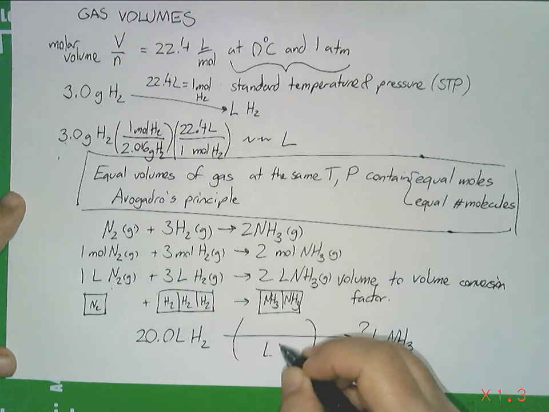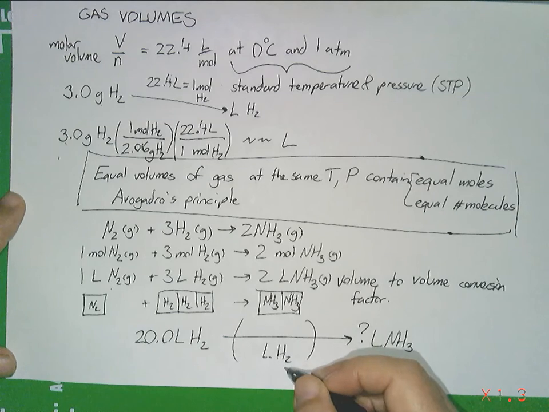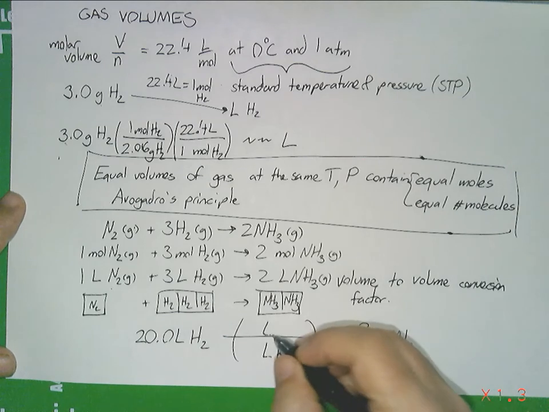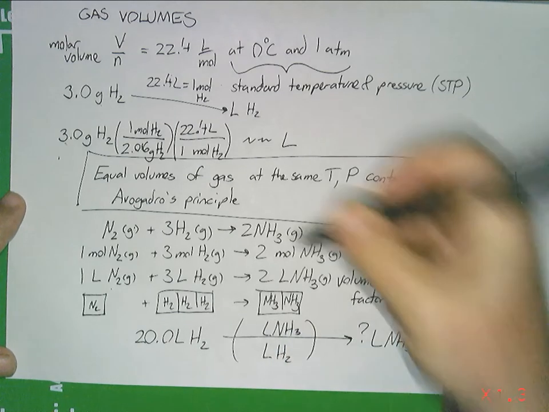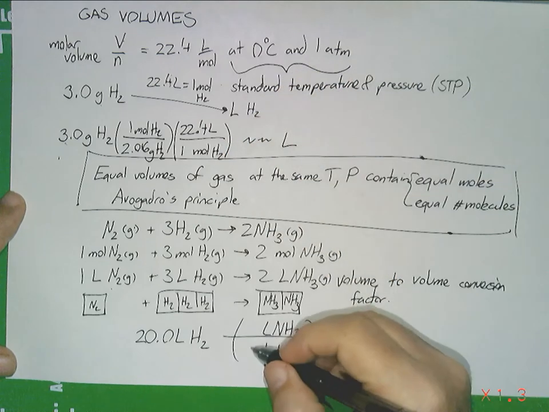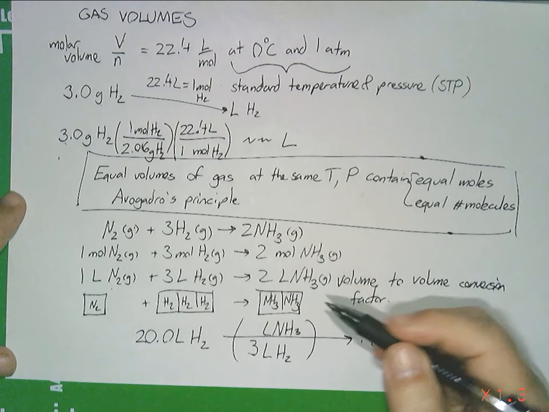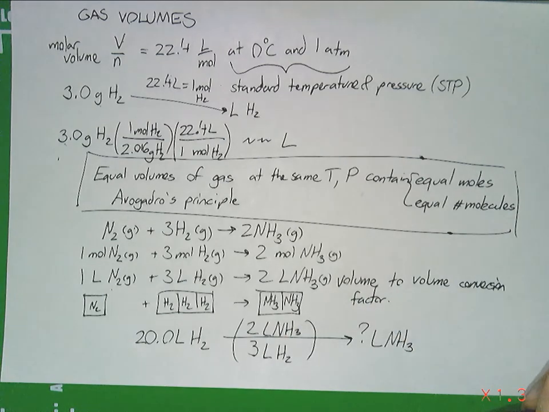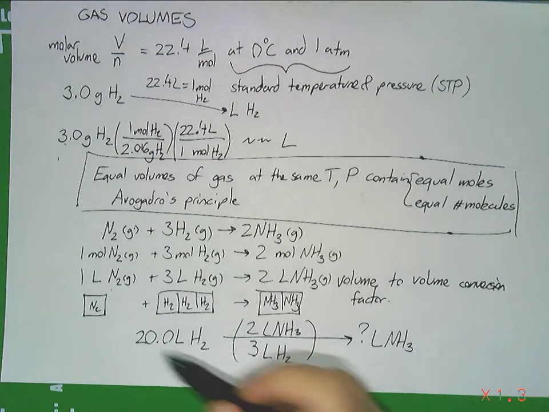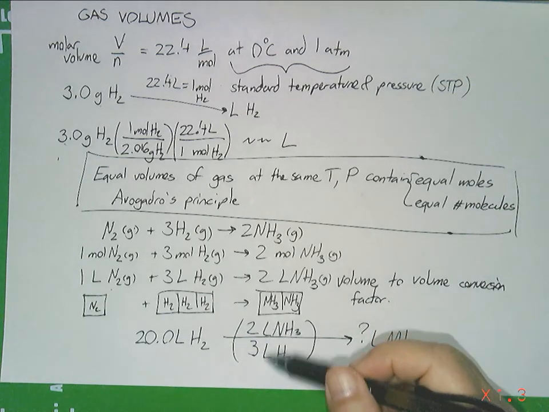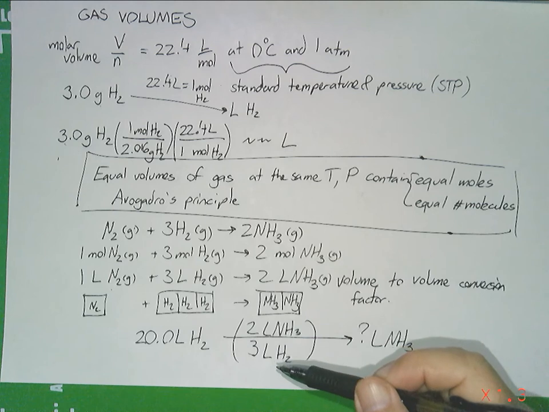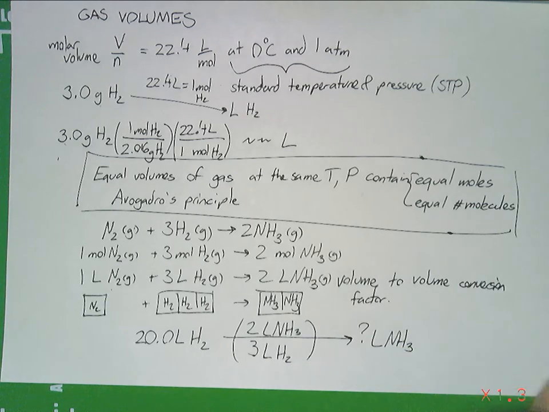I could put liters of H2 on the bottom to cancel that out, and then liters of NH3 on top. And I can use the coefficients in the balanced equation. The same way I would do a mole-to-mole ratio, I can now do a liter-to-liter conversion factor. So this would be 20 times 2 is 40 divided by 3. So a little less than 15, whatever this number is going to be. That's how I would set it up.